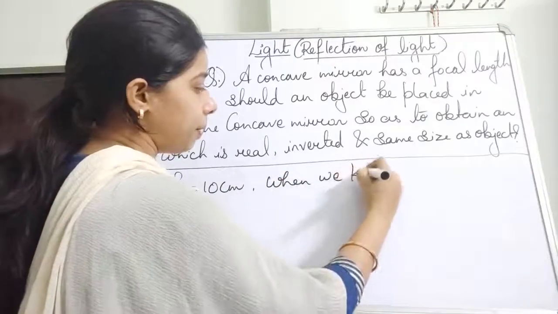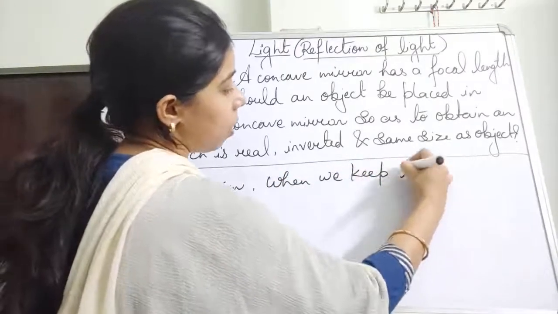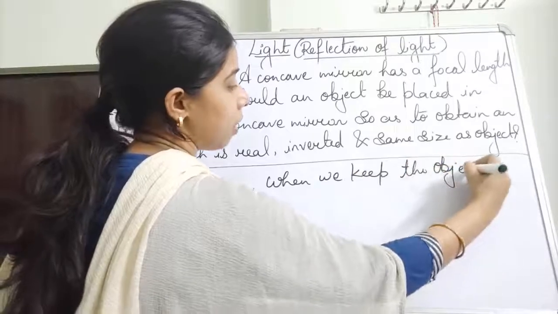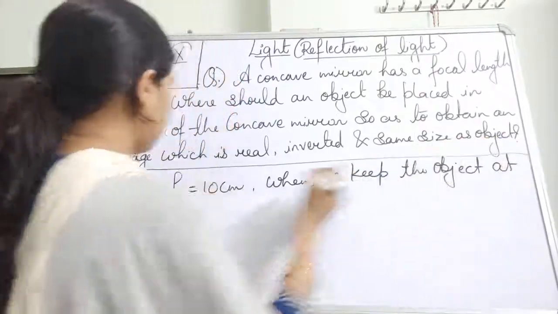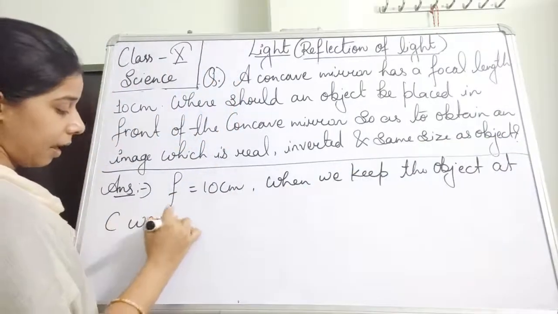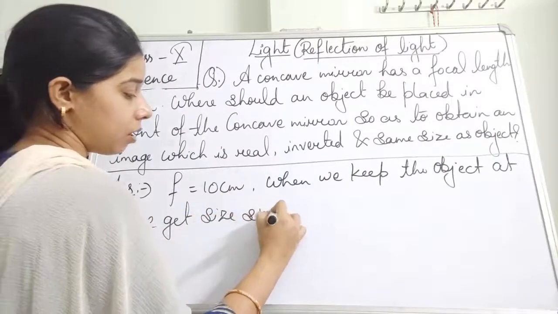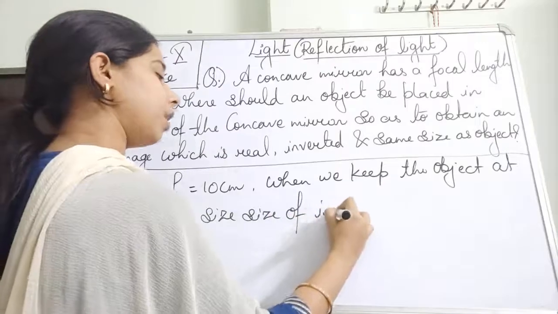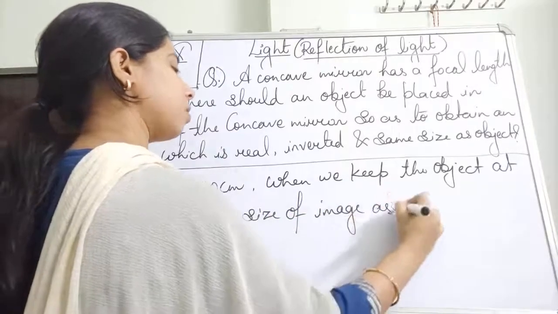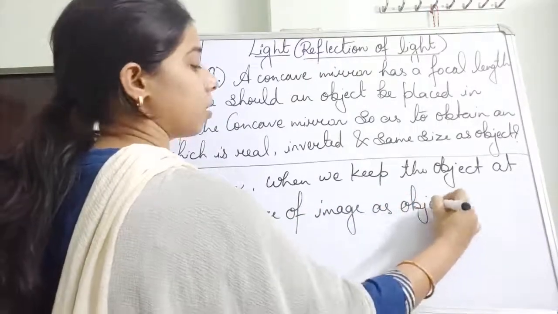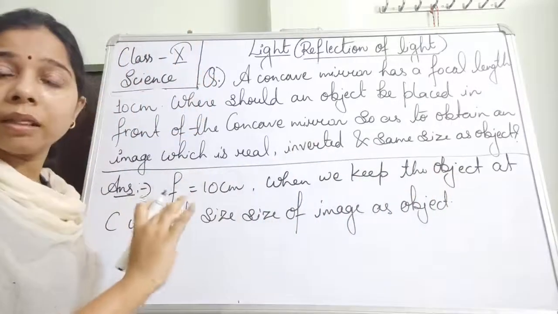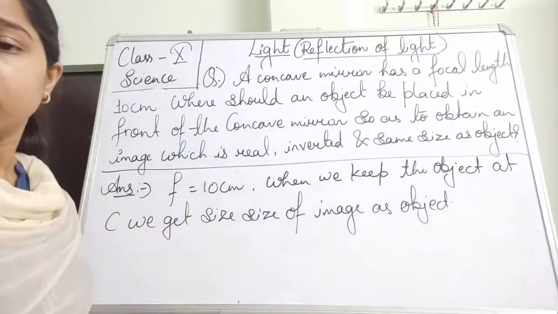Okay, so here one thing is clear, that when we keep the object at C, we get the same size of image as the object. So this is one thing which is clear.